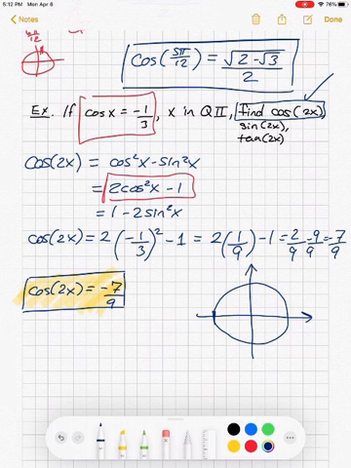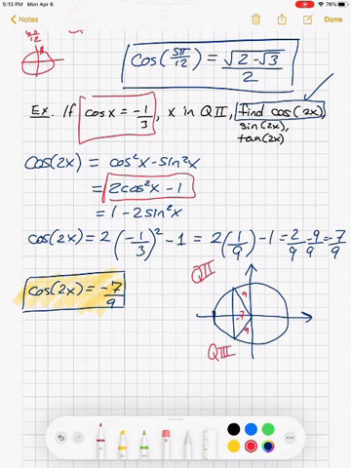So if cosine is negative, I really have two options, right? Either I'm here, this has to be negative 7, and this has to be 9 either way, right? In order for cosine to be negative 7 ninths. But I don't know yet if I'm here in quadrant 2 or here in quadrant 3. In other words, I don't know if the y would be positive or negative.